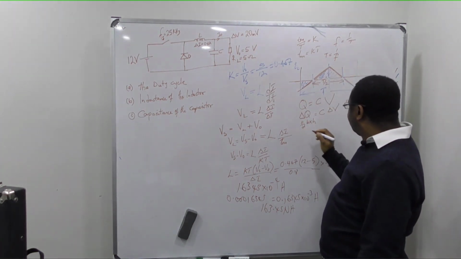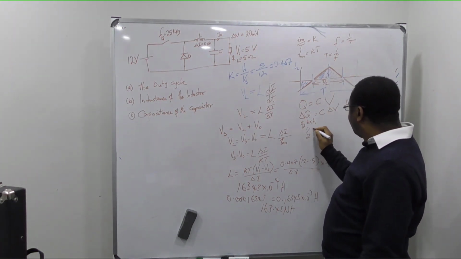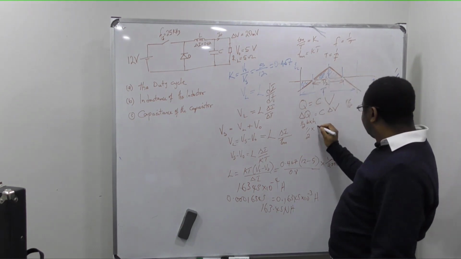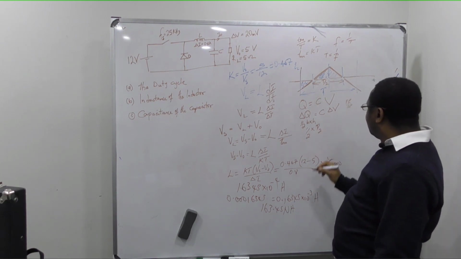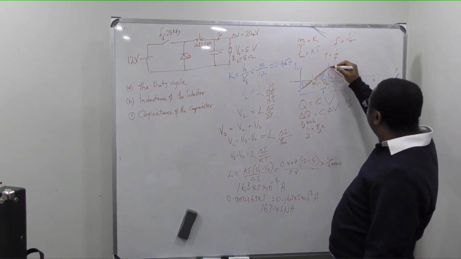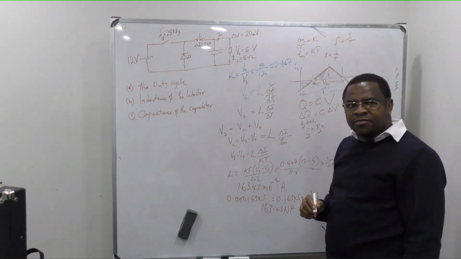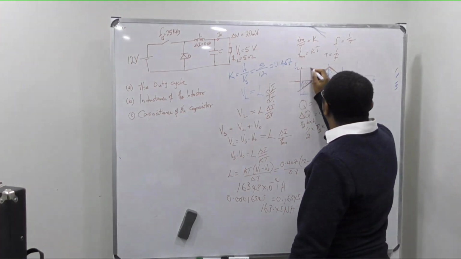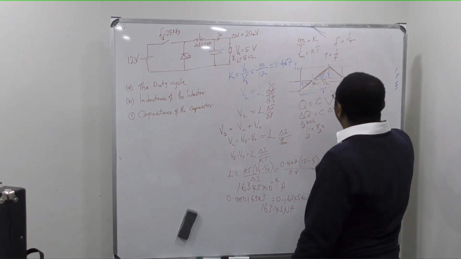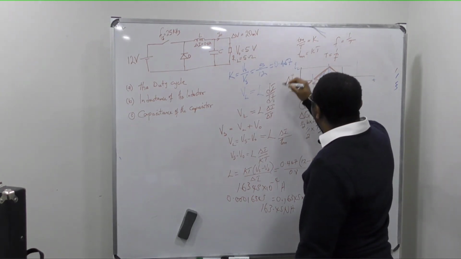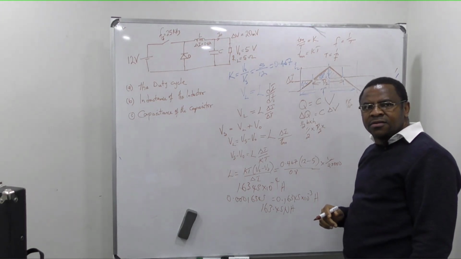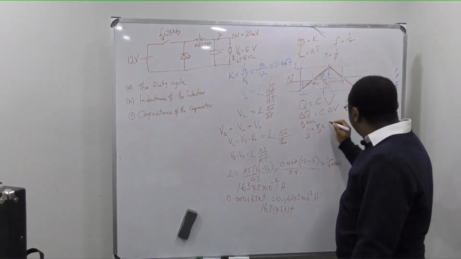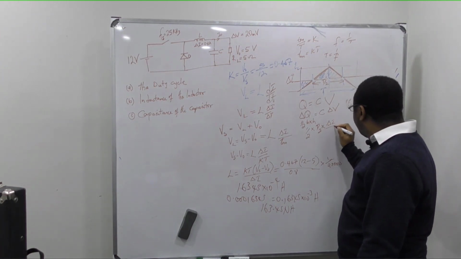And that is half times, what is the base? The base from here to here is T over 2 times, what is the height from here to here, right? What's that height? Remember that from here to here is your delta I, your ripple current. So from here to here, which is this to this, is ripple current divided by 2.